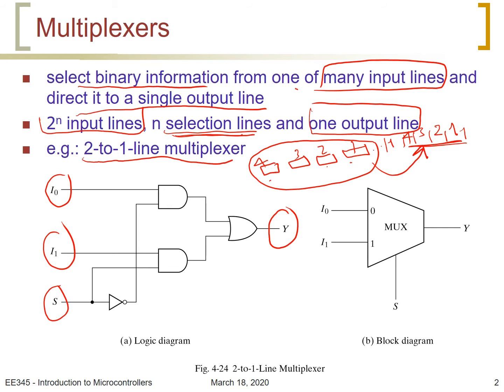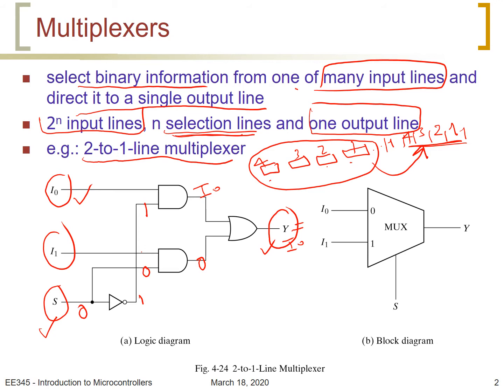We can call it S. So if S is 0, as an example, this will be 1 here, and this will be 0 here. 1 and I0 will be I0, and 0 and I1 will be 0, and I0 or 0 will be I0. Therefore, Y is equal to I0, which means if S is 0, I0 is selected and it appears at the output.